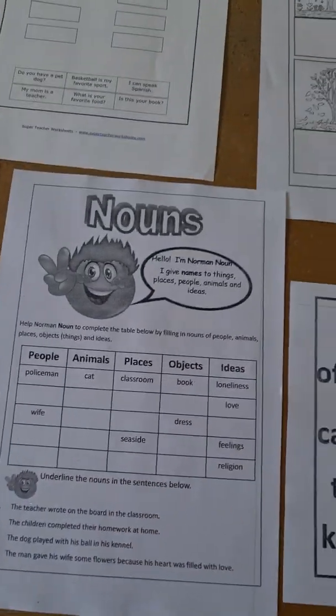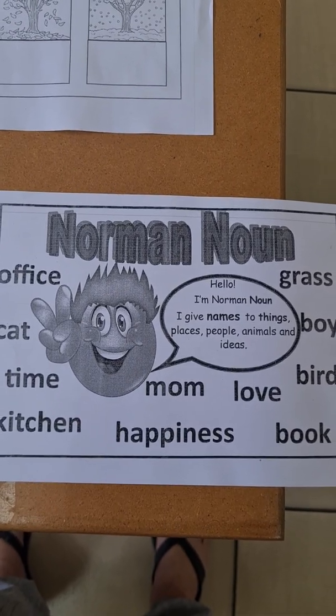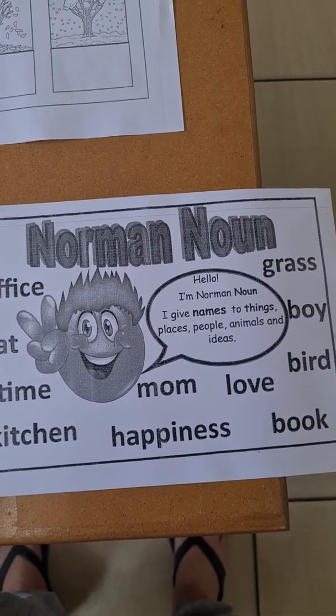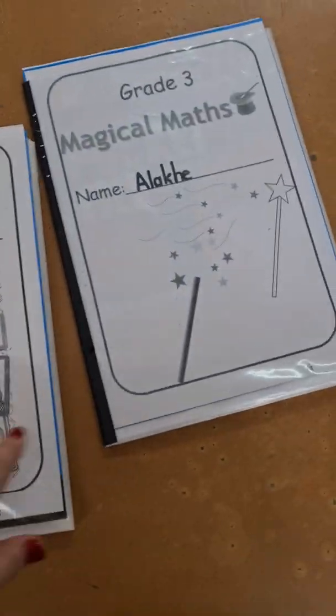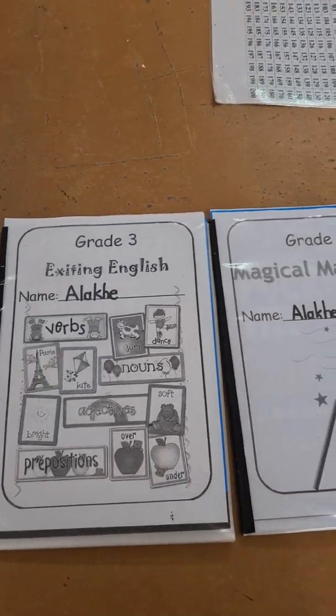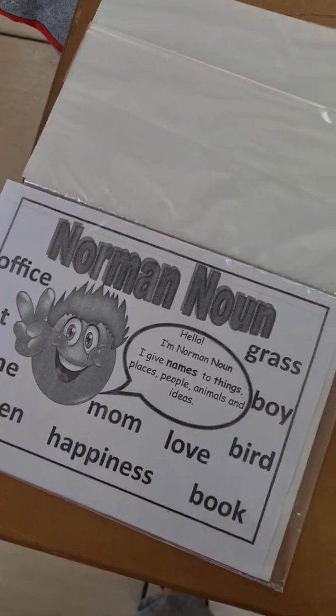I gave them this as well, but I'm not going to send the screenshot of this because I will give your child when they come to class, because yesterday I spoke about these 2 little flip files which we have. So that will go into the exciting English flip file.